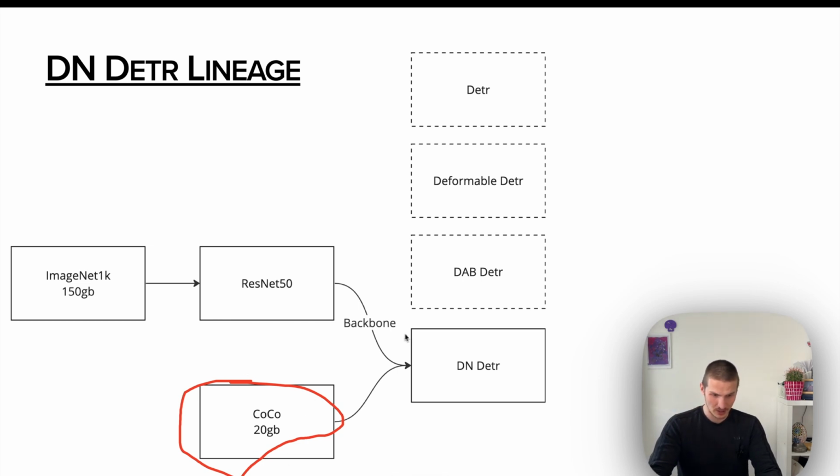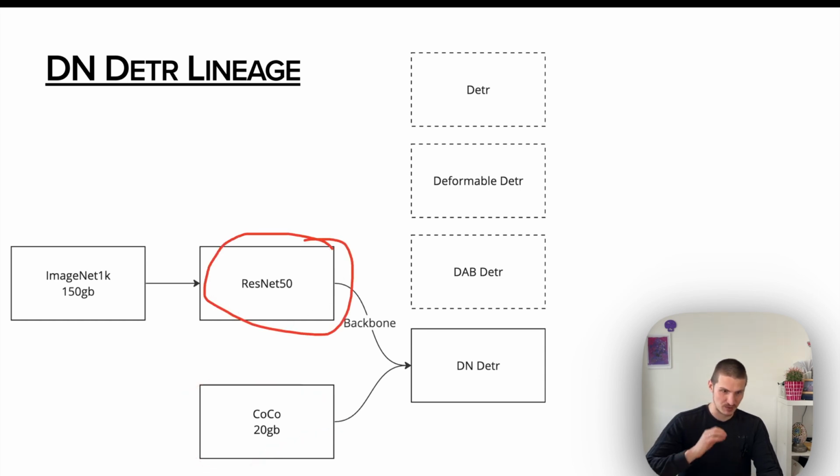As a backbone, the model uses the famous ResNet50 model, the image classification model that was trained on an ImageNet 1K dataset. So we will not look into that one today, although I do have one video about this model specifically. But the dataset is also available for everyone on the internet, and it is 150 GB.